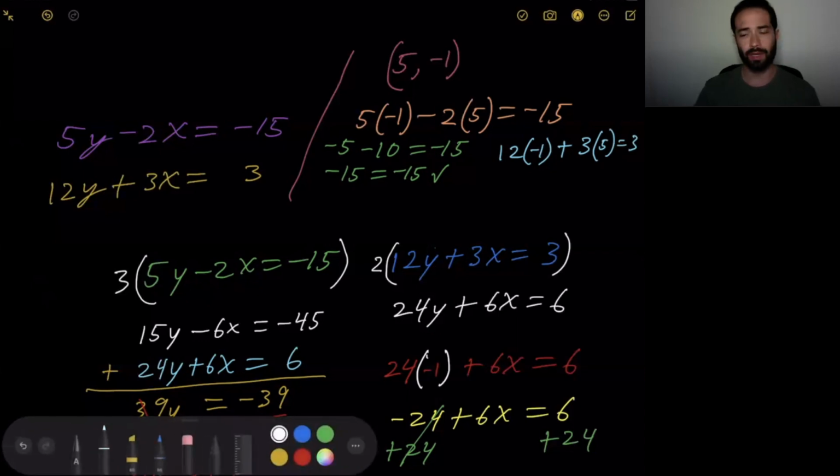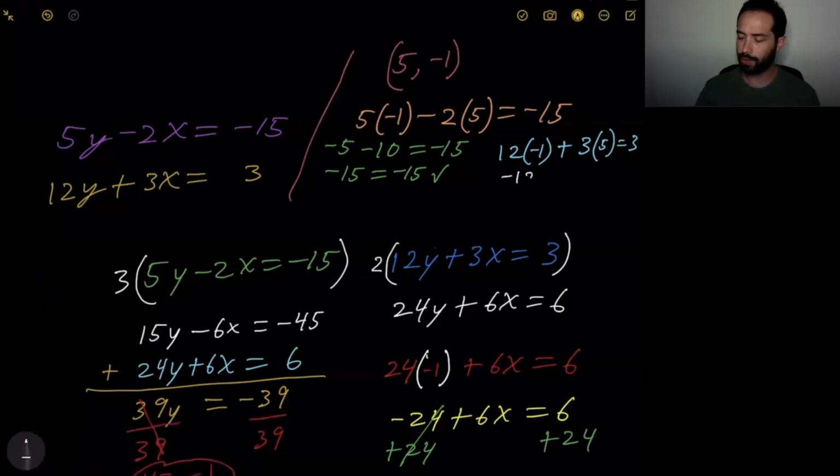12 times -1, -12. Plus, what is 3 times 5? That is 15 equals 3. Well, -12 plus 15, right? If I am -$12 and then I gain $15, that means I can pay back the $12 and still have $3 left over.